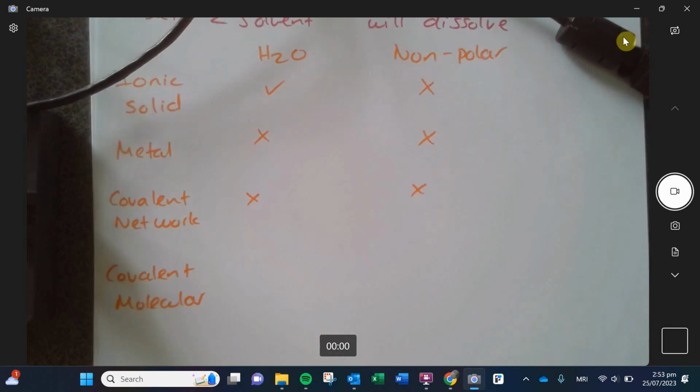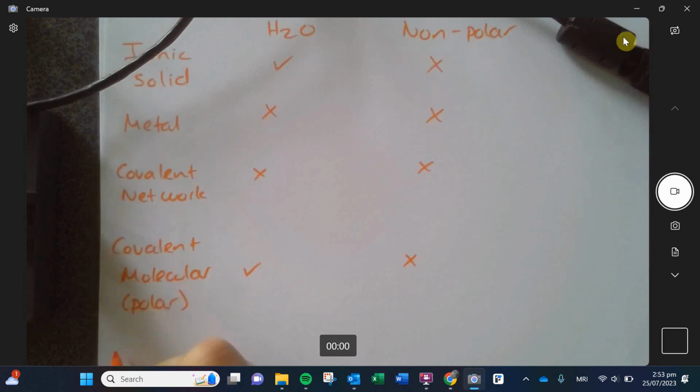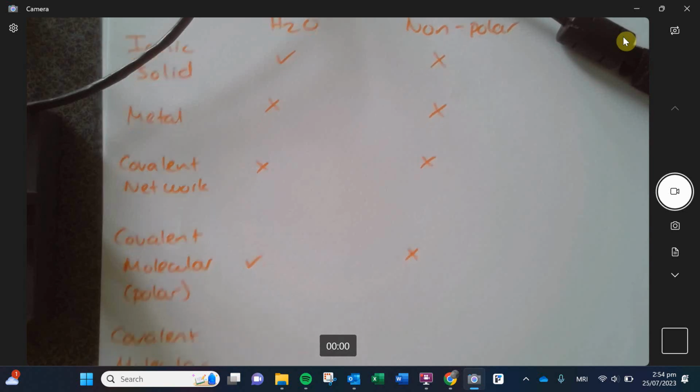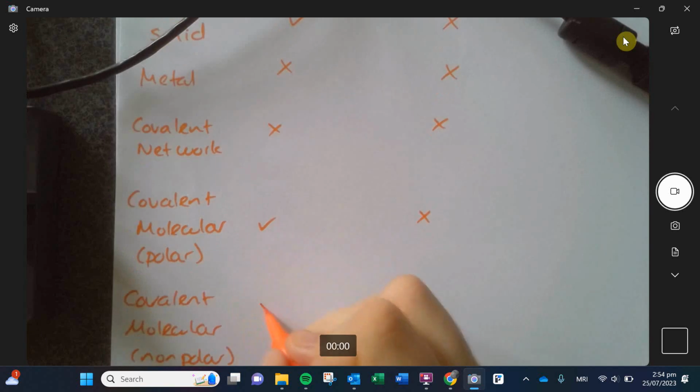If the molecule is polar, it will dissolve in water. It will not dissolve in a nonpolar solvent. And if the molecule is nonpolar, it won't dissolve in water. It will dissolve in a nonpolar solvent.